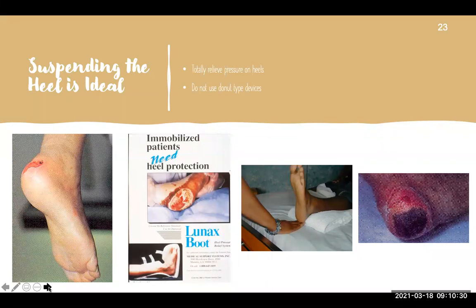Don't use donut type devices. Donut type devices were something that we used to use all the time. They were used to protect the sacral area on your patient. And some people will come in and bring their own donut pillow, and they insist on wanting to use it. So we want to teach them about donut devices.